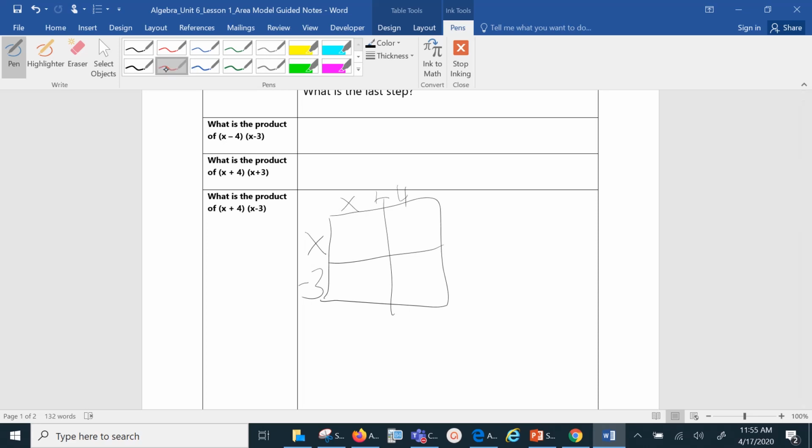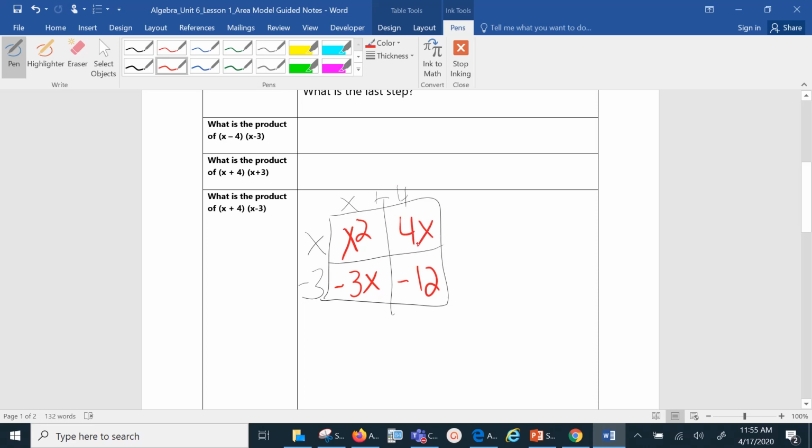All right, let's change the color. This becomes x squared. X times negative 3 is a negative 3x. Negative 3 times positive 4 is negative 12. X times 4 is 4x.